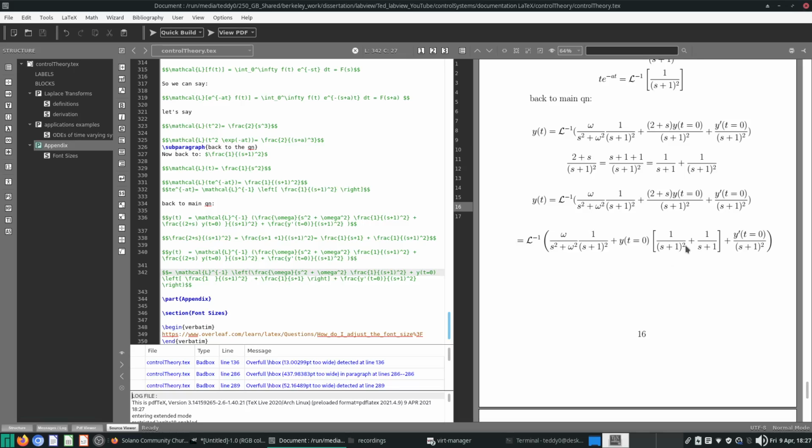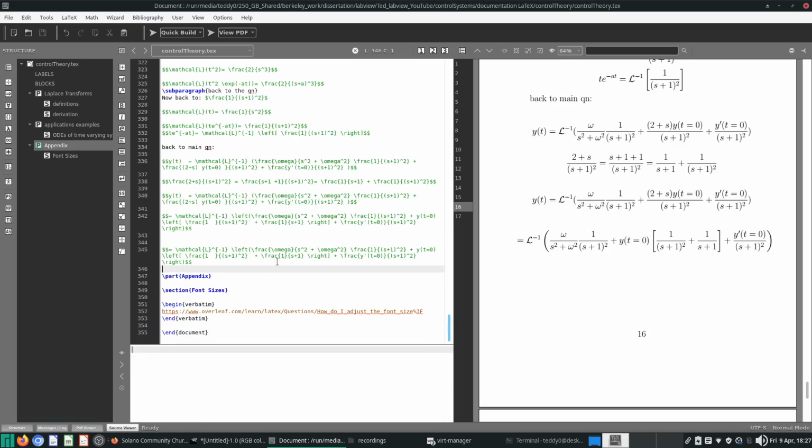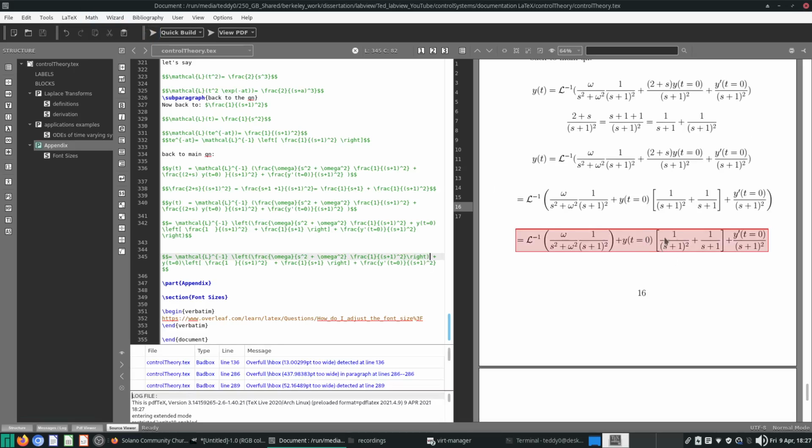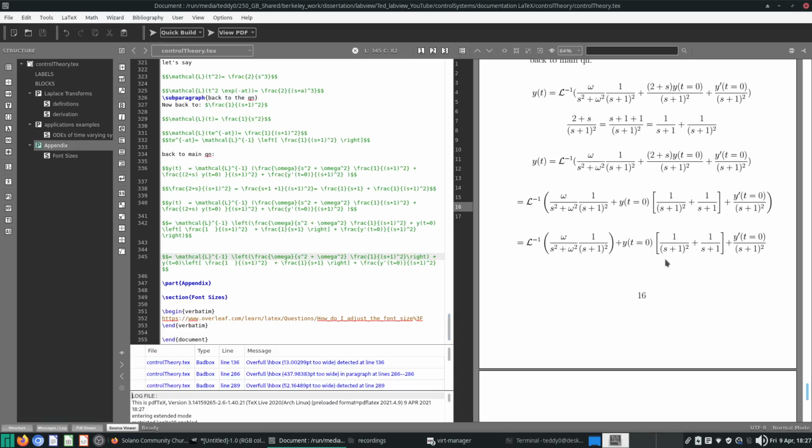So what can we do? I will just inverse Laplace all of these things here first, the initial conditions or boundary conditions, so that we have some analytical solution. These two I will just inverse Laplace straight away. So what was this? This was t e to the minus t, right?